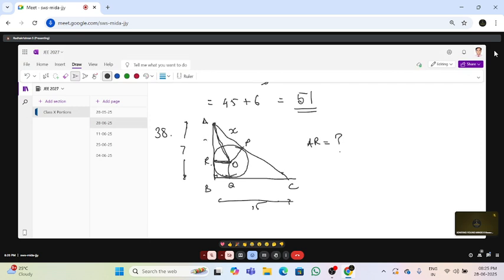So this will also be x. So AR equals x. That is your first question. Now let's look at the next question.